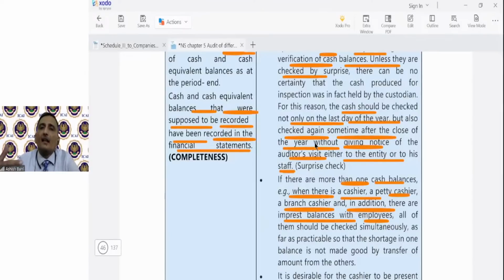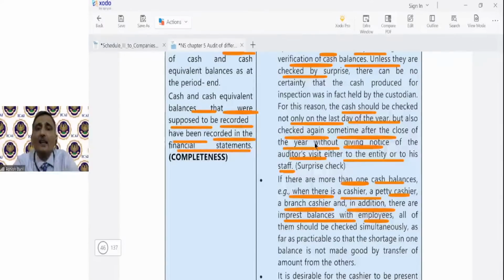Imprest balances mean some small amount of cash with employees to incur day-to-day petty expenditure. Some people keep imprest cash of 50,000 or a lakh rupees, with which they make the company's small expenses, and after a month or 15 days they have to give a complete account. So these things are a sort of imprest cash. It is different from the cash lying with the cashier.